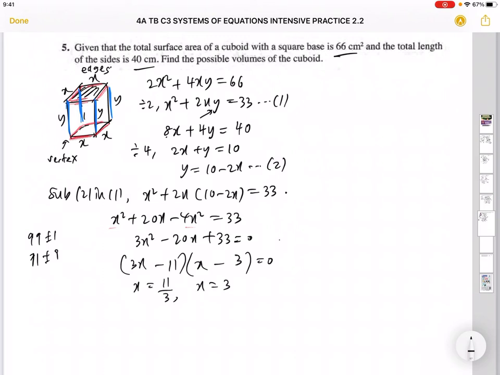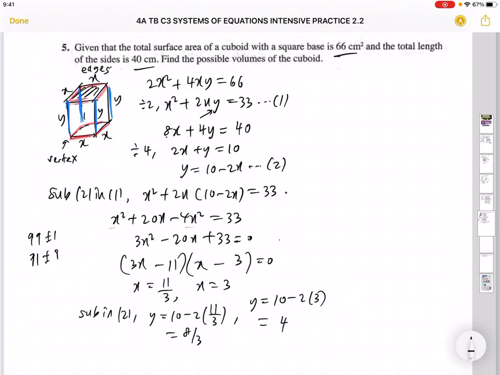So the next thing is you want to sub inside equation number 2. So your y is 10 minus 2 times 11 over 3. So it's 30 minus 22 over 3, 8 over 3. Now your y can also be 10 minus 2 times 3, 10 minus 6, 4.